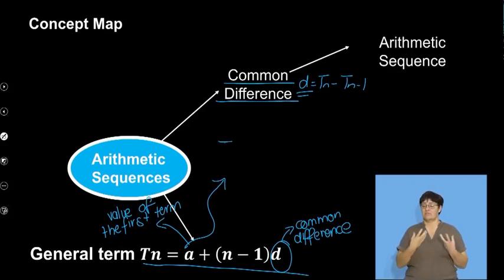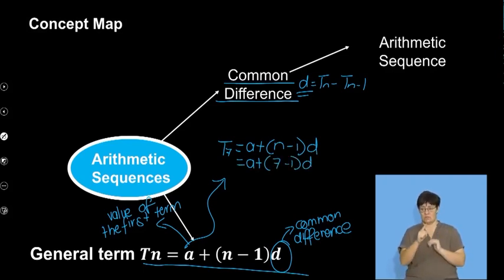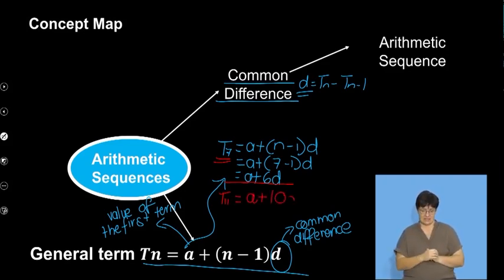So we discussed that if I were to write term 7, this would be equal to A plus n minus 1d. I would substitute in the 7 for the n, which would leave me with A plus 6d. But I can actually skip those steps. I can go straight from T7 to A plus 6d. If I asked you for term 11, I could skip straight to writing A plus 10d, because I've subtracted 1 from the n number.